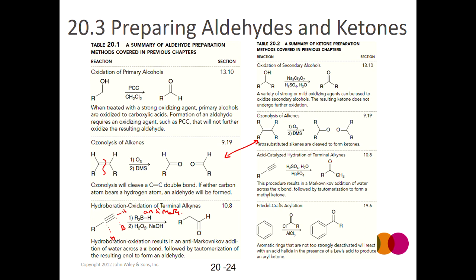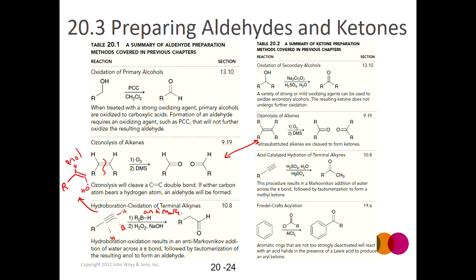So initially, if you recall last semester, we said this would produce something like this. That's an enol. Right? When I do a hydration reaction on an alkyne and I add a hydrogen and an OH across there, it produces an enol, and then that rearranges to produce the CO double bond because it's more stable than the CC double bond.